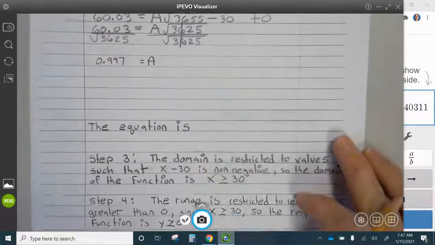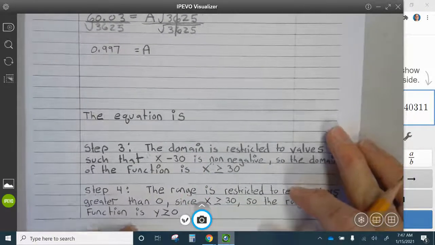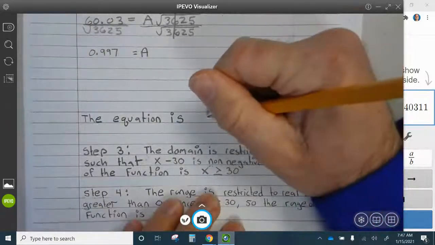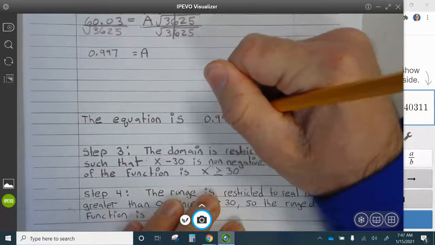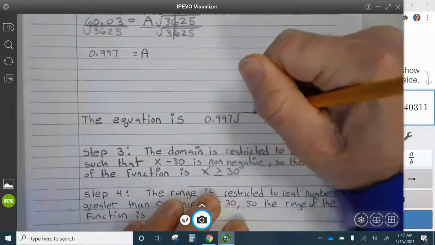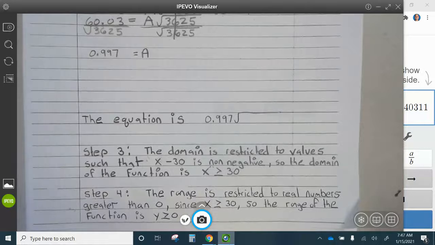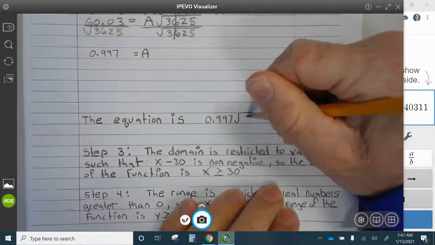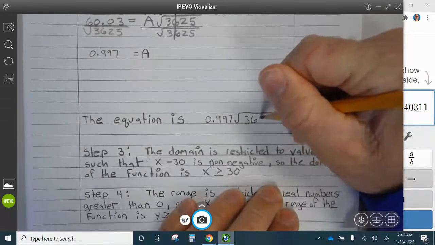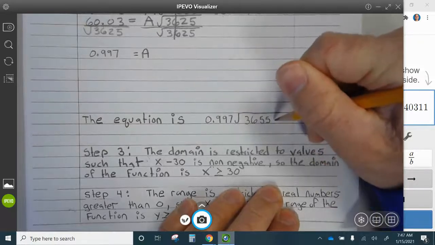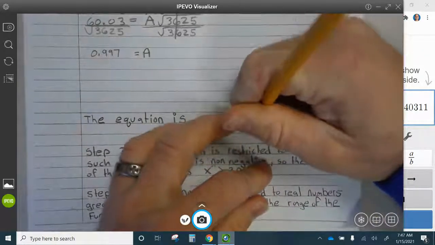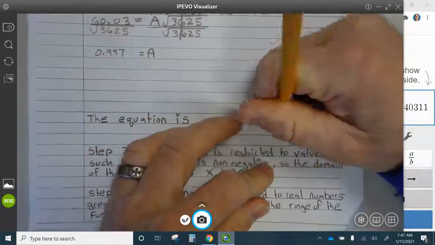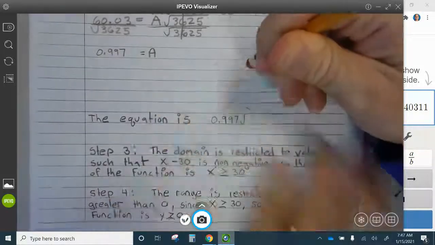All right, so the equation is 0.997 times the square root of x, which is 3,655. Oh, whoa, almost made a mistake. You don't actually plug the x value in because it's not an equation if you don't have the x and y. So I apologize.